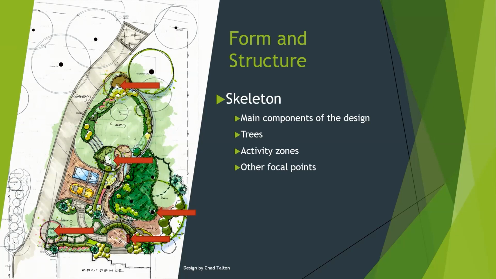It's kind of anchoring that corner of the lot. Have this nice tree here in the middle that is right next to this paved area. And that's kind of anchoring that part of the yard. And then up top here is another focal point. So you have your skeleton there.